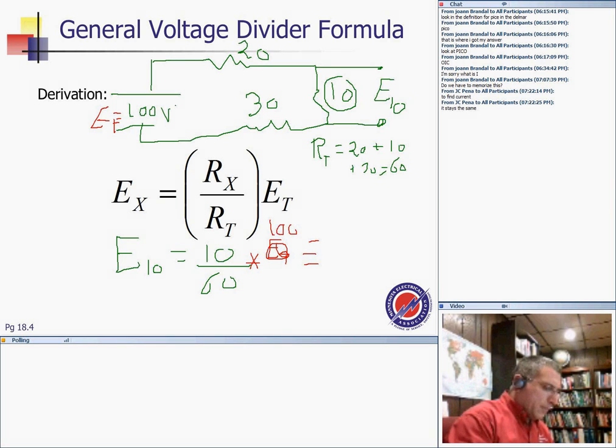That's 100 divided by 6, and that gets you close to 17 volts.